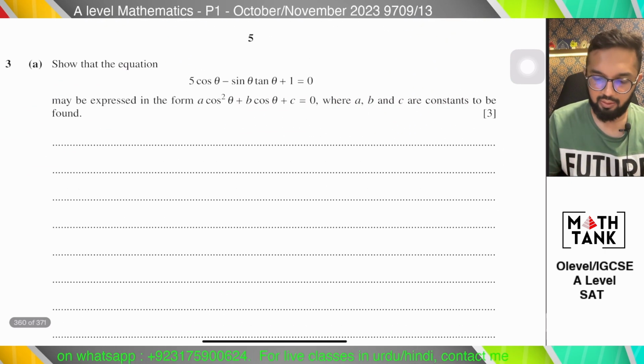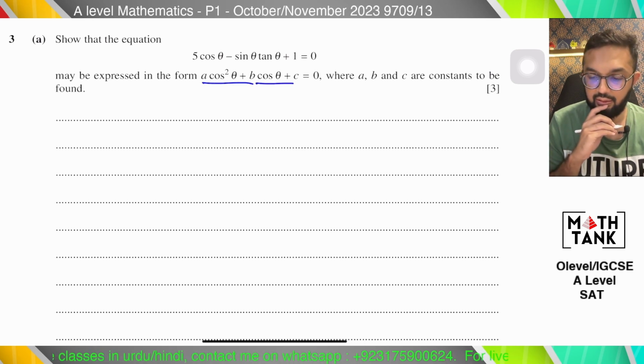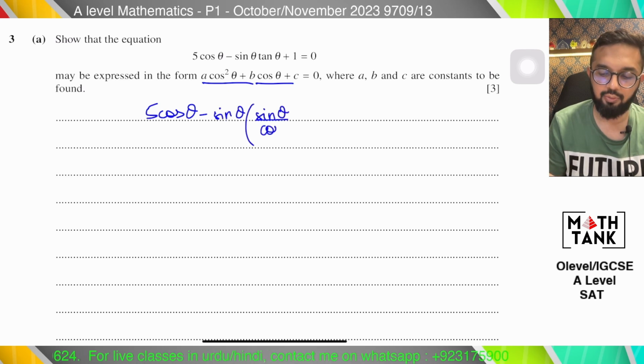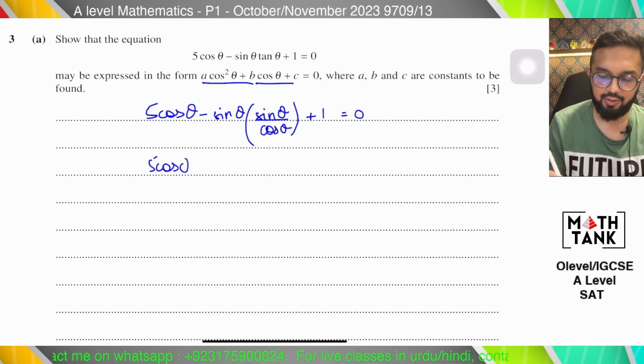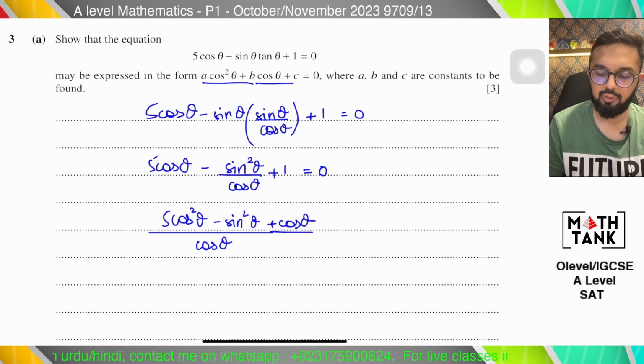Okay, moving on to the next question now. It says show that the equation this can be expressed in the form a cos squared theta plus b cos theta plus c. So I want everything in terms of cos. So I'm going to say that 5 cos theta minus sine theta over cos theta plus 1 equals 0. So 5 cos squared theta minus sine squared theta plus cos theta equals 0.